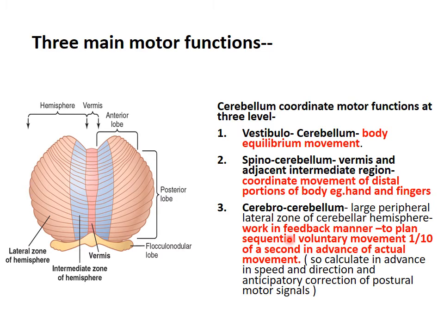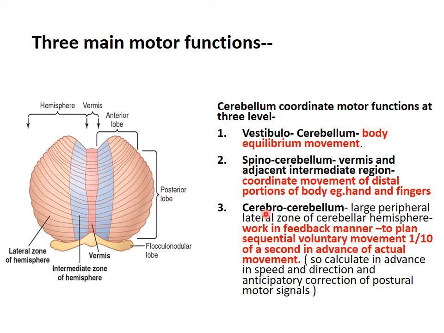Cerebellum connections work in a feedback manner, and it plans the sequential voluntary movement one-tenth of a second in advance of the actual movement. So this is a very important property of the motor function of the cerebellum.